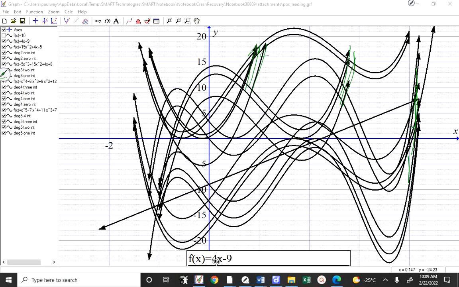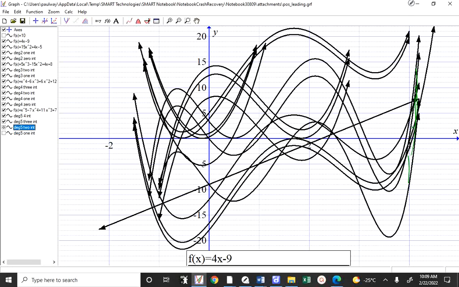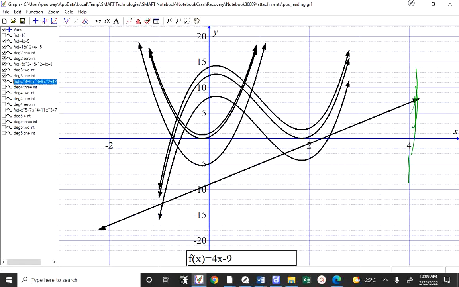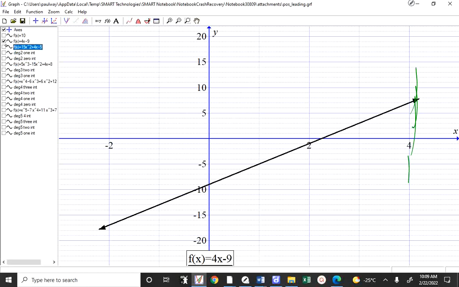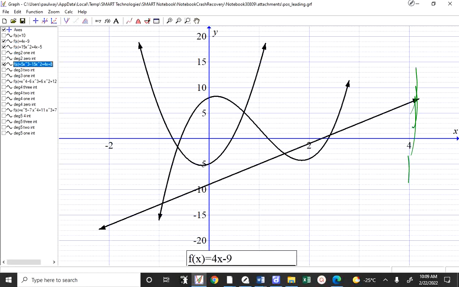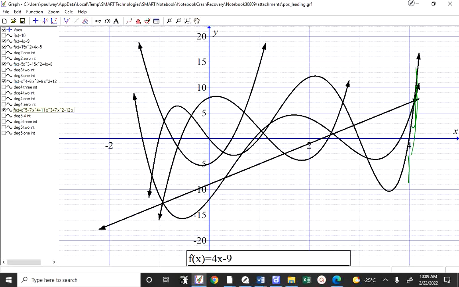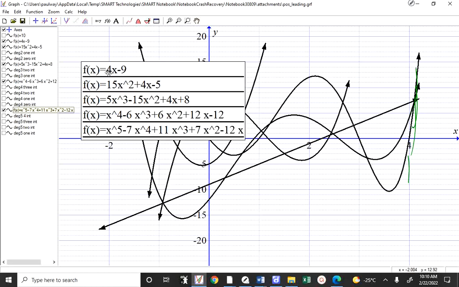And if you were to look at all of the equations of the functions I've entered, I'm going to turn these off now and just show you some of them. I'm going to show you the following. What do all of these equations have in common?